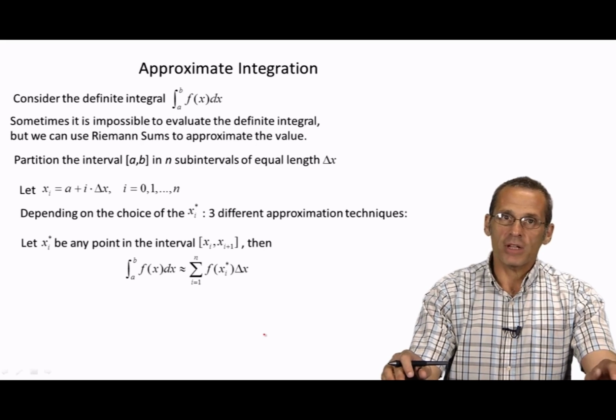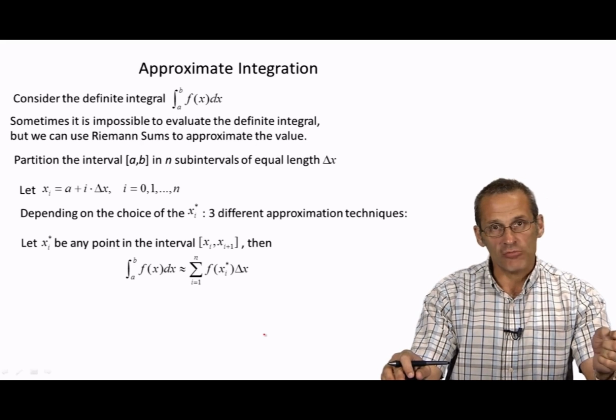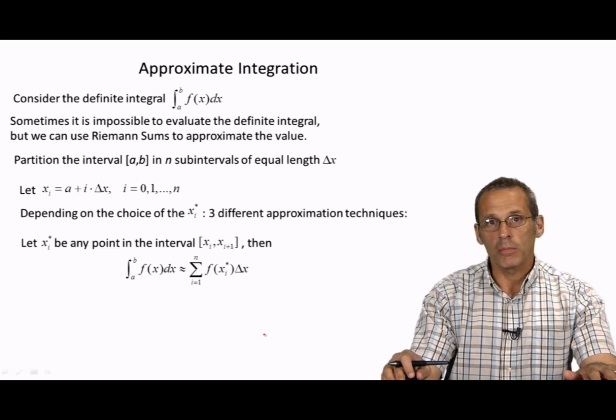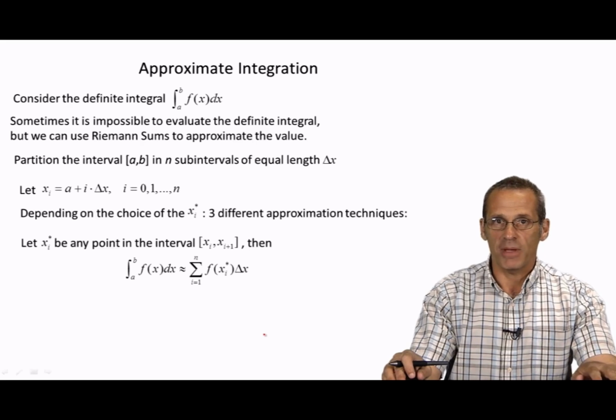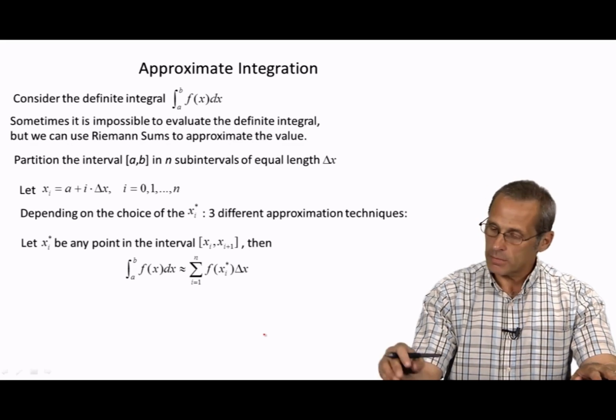Now this general Riemann sum will be used for our left sum, right sum, and midpoint rule. We'll see two more rules, the trapezoidal rule and Simpson's rule. That will give us 5 different approximation techniques that we'll cover in this lesson.